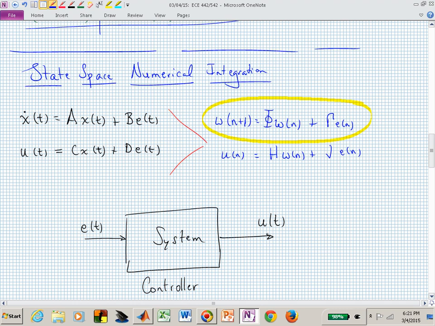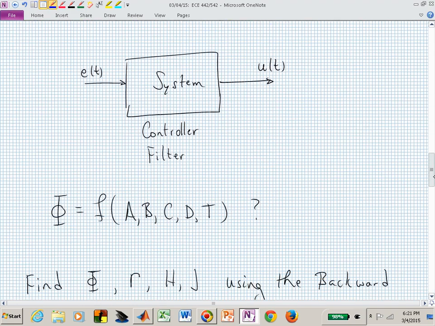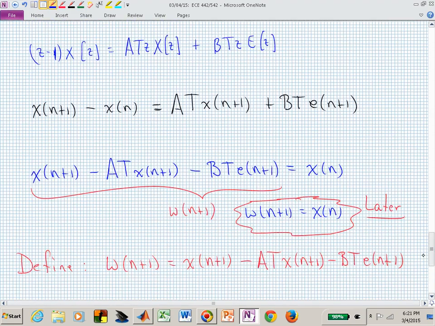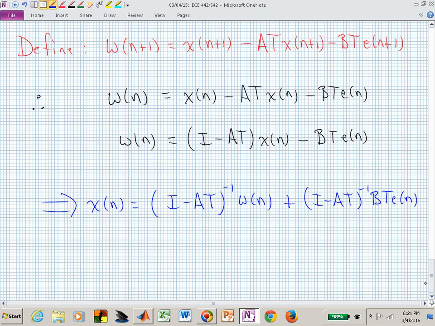And we now know that w of n plus 1 is equal to x of n. Well, we don't want x of n on that side because that would be mixing x's and w's. That's not what we want. We only want to mix w's with w's and e's. Yay! We have that, don't we?